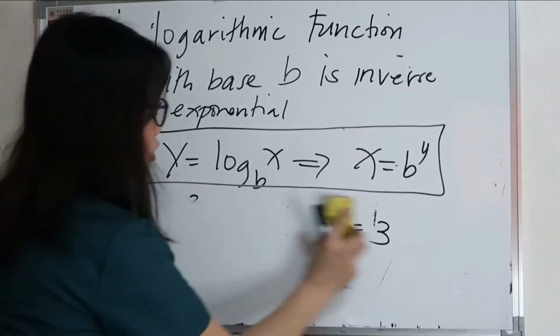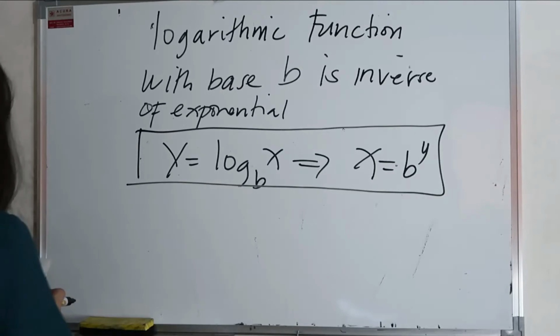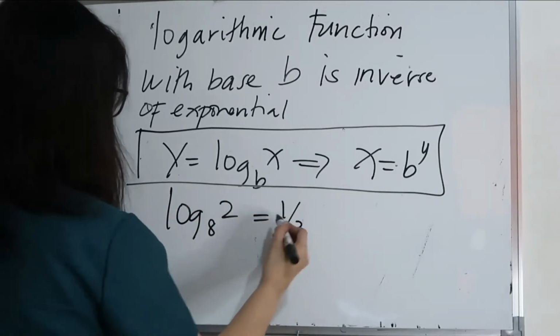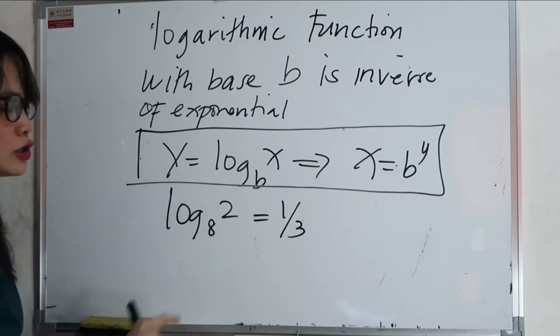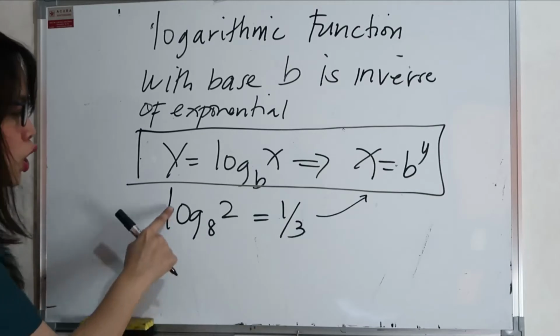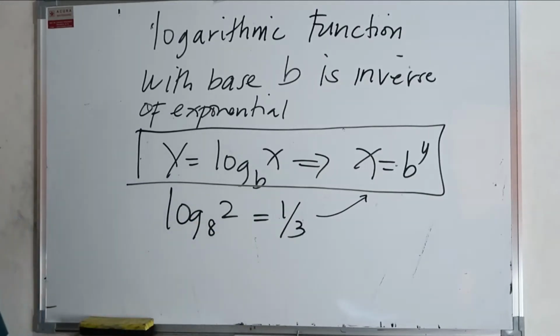Now, what about a logarithmic function to an exponential function? Let's say the given is log 2 with a base 8 equals 1/3. How can we convert it to an exponential function?